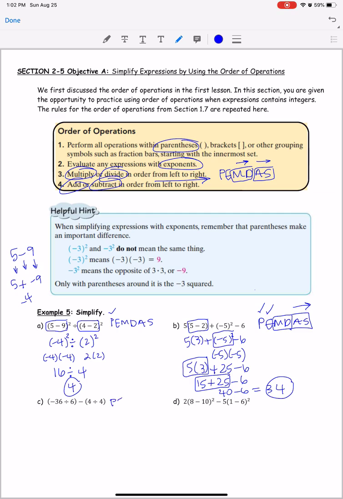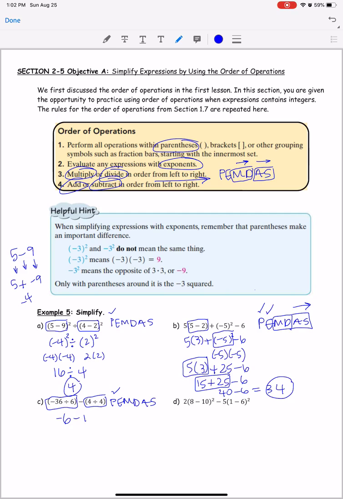C, please excuse my dear Aunt Sally. Parentheses, yes, we have some parentheses. 36 divided by 6, those are different numbers or opposite signs. So opposite signs mean negative, and 36 divided by 6 is 6. Minus 4 divided by 4 is 1. So parentheses are done.